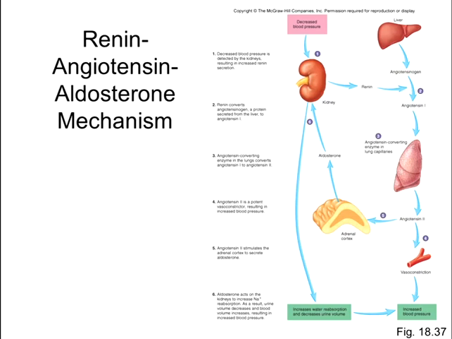What an ACE inhibitor does is it literally inhibits the conversion. So if I use an ACE inhibitor, I'm going to shut off the conversion of angiotensin 1 to angiotensin 2. So we won't make angiotensin 2. If I don't make angiotensin 2, that means I can't have the other effects that are going to occur. So that's what an ACE inhibitor does.